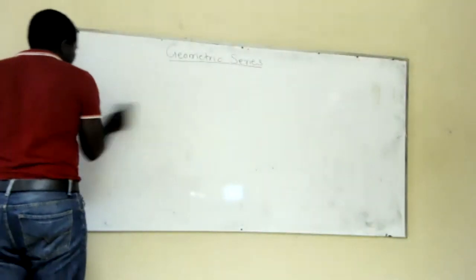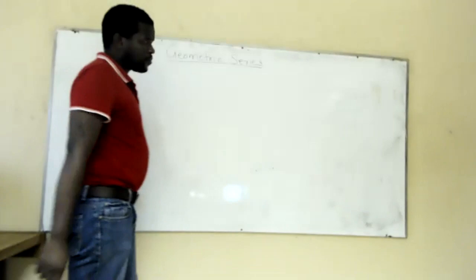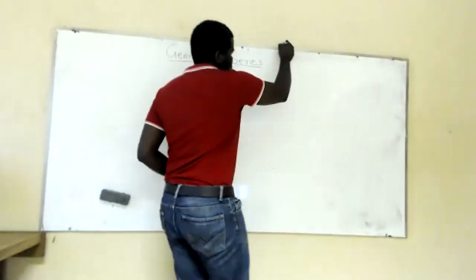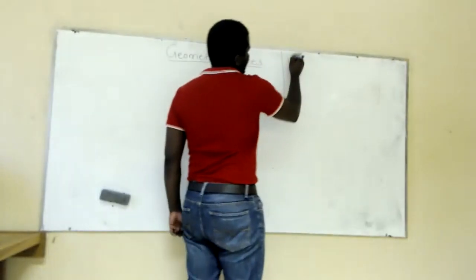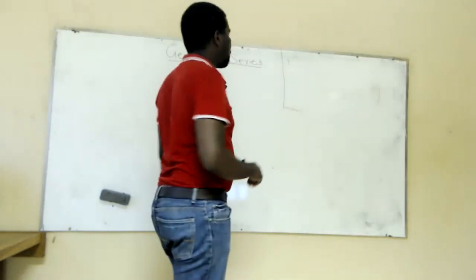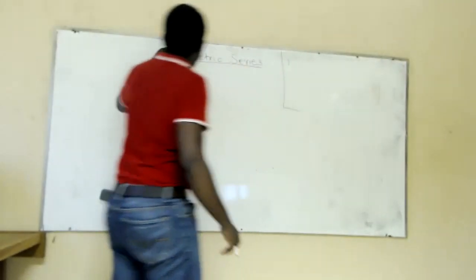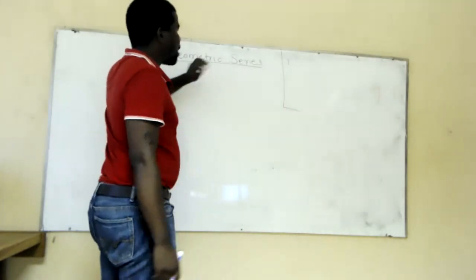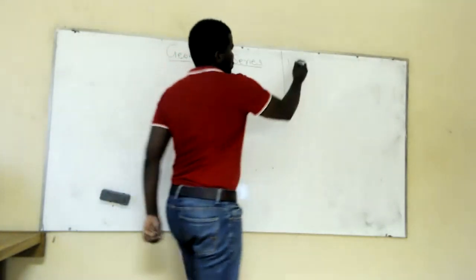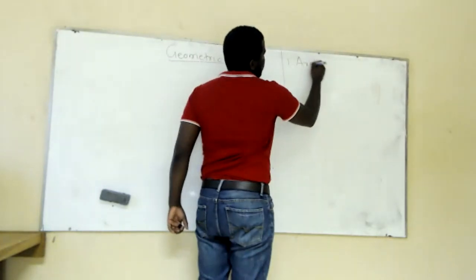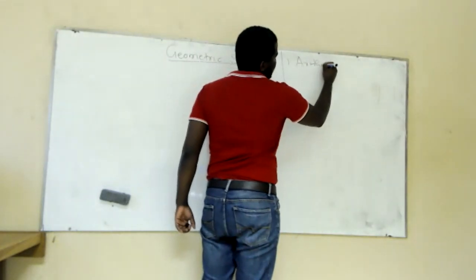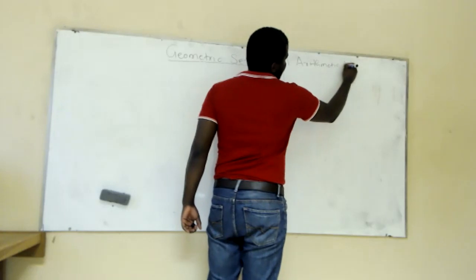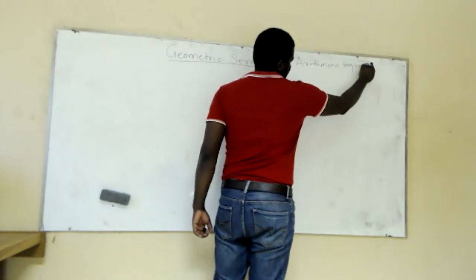That's good. Let's start. Up to so far, we have covered three important topics. Let me write them here just for the reminder, because we are going to include one of the topics we have covered already under a geometric series. So the first topic we have covered is what is called arithmetic sequence.